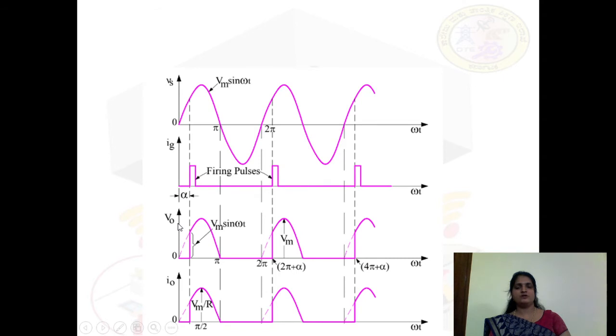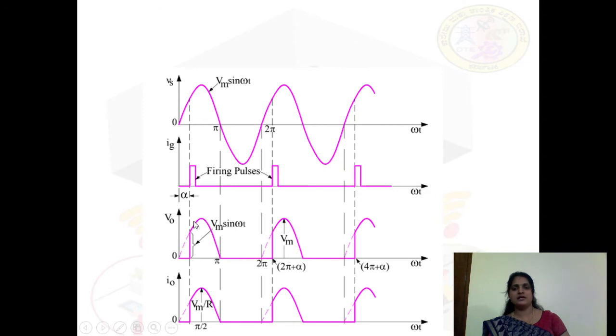The third waveform indicates the output voltage. Until the application of the firing angle or the gate signal, the output will be 0. Once we apply this firing pulse, the SCR starts conducting and enters the on state.